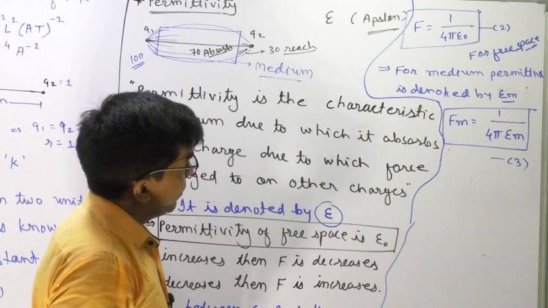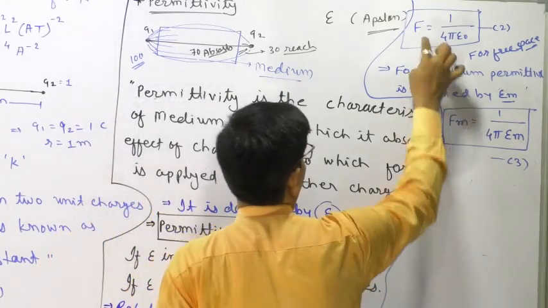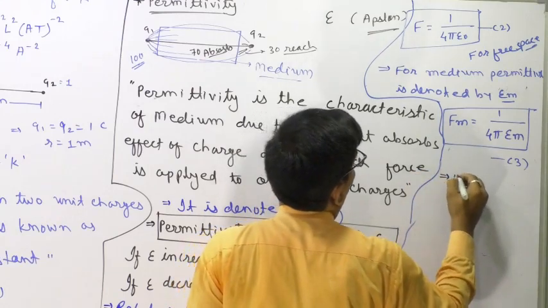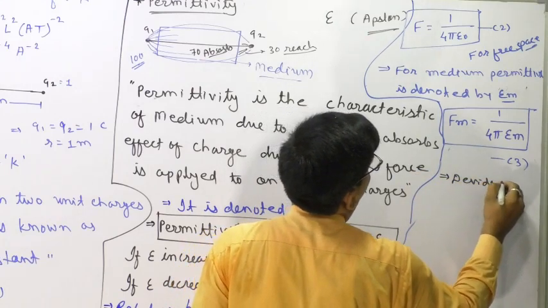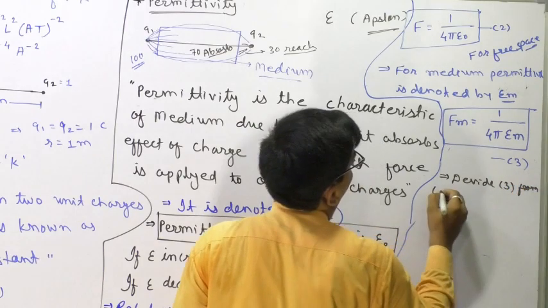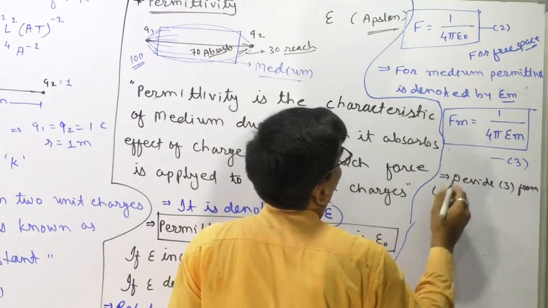Then what shall we do? Shall we divide 3 by 2? What would be 3?